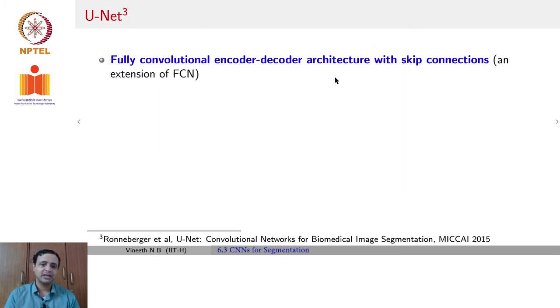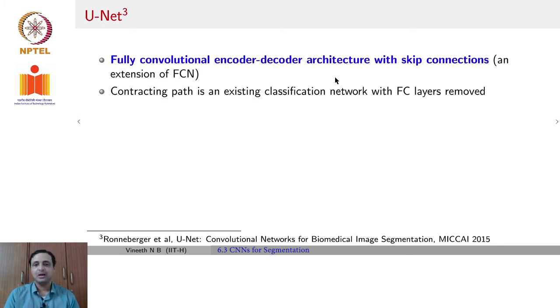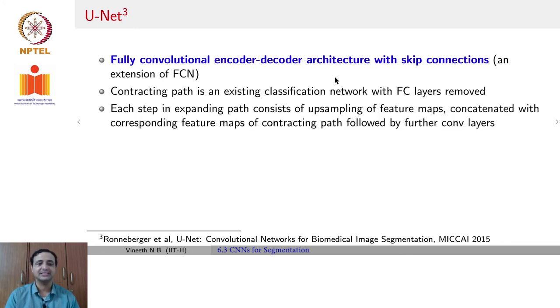A third kind of architecture, which also came in the 2015-16 timeframe, is known as UNet. UNet is also a fully convolutional encoder-decoder architecture, but it introduces the concept of skip connections in a different way from SegNet. The contracting path, that's the encoder path, is an existing classification network with FC layers removed, similar to SegNet and FCNs.